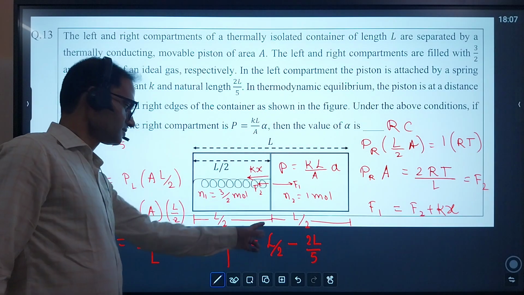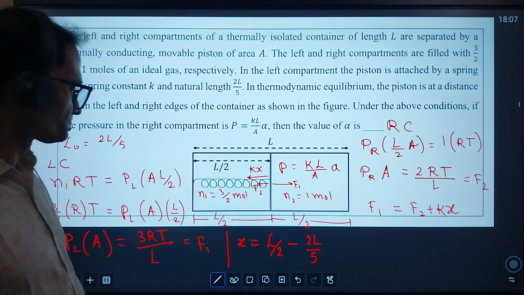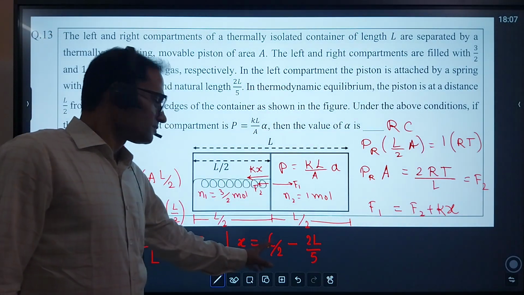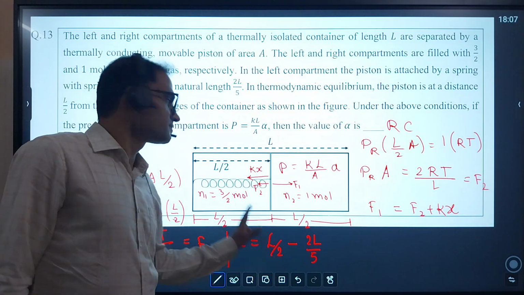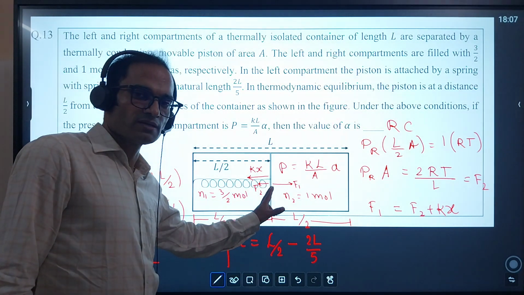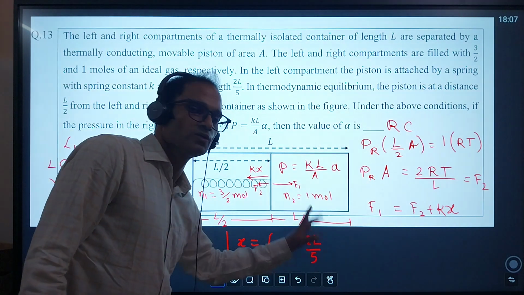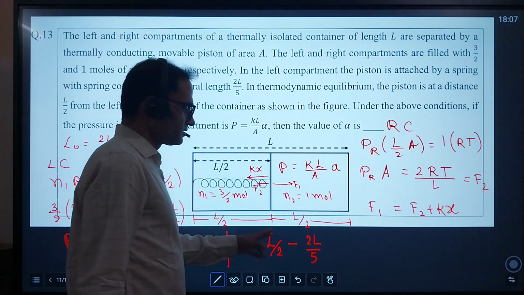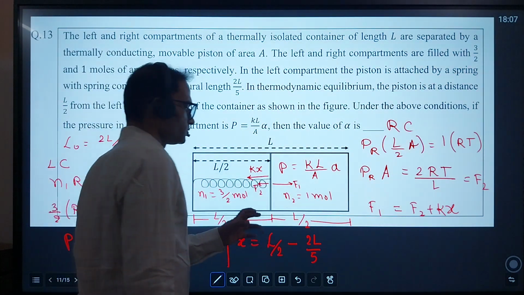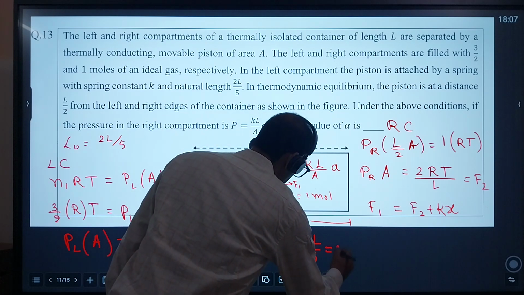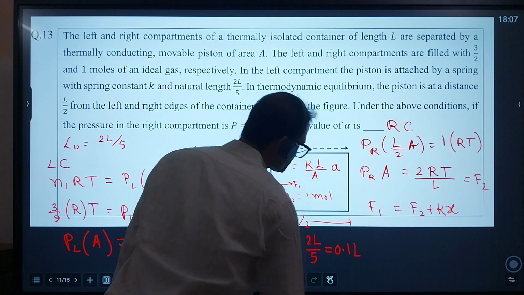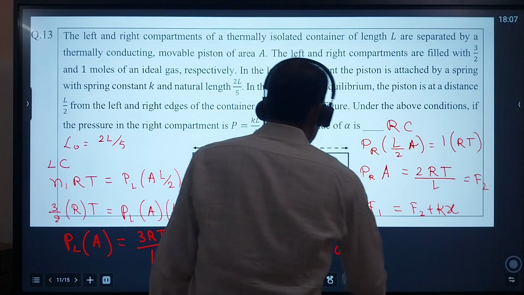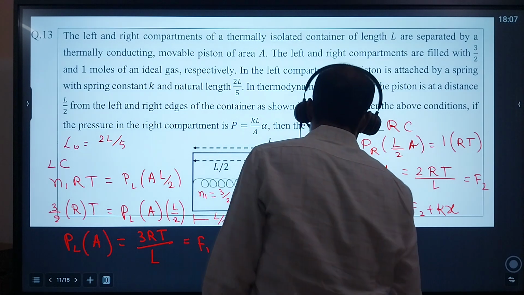Let us see what I have done here. The final length of the spring is half of L, and the natural length is 2 by 5 of L. So this is the elongation. If you calculate 0.5 minus 0.4, you will get 0.1 L.